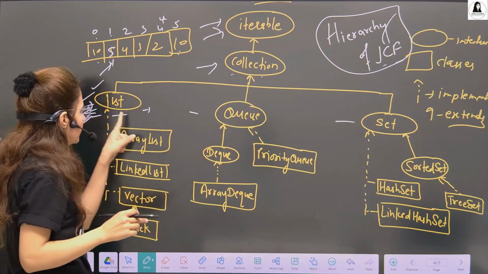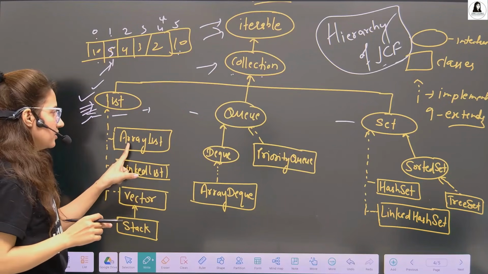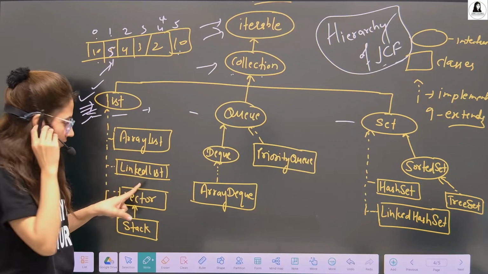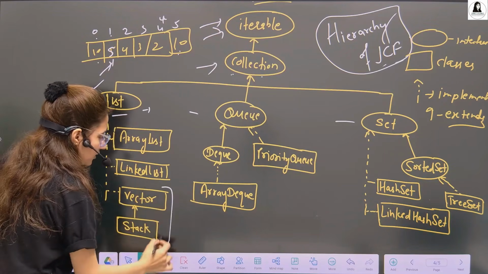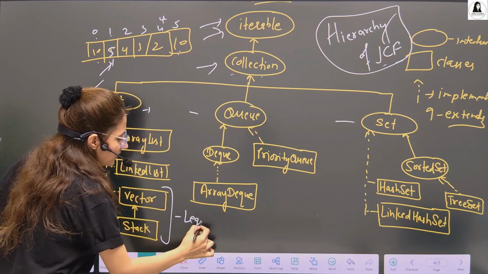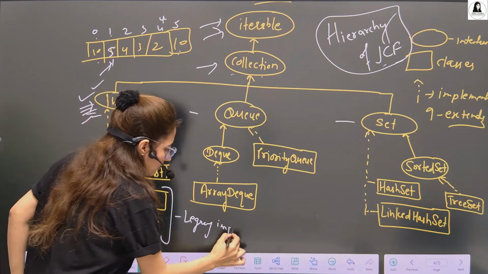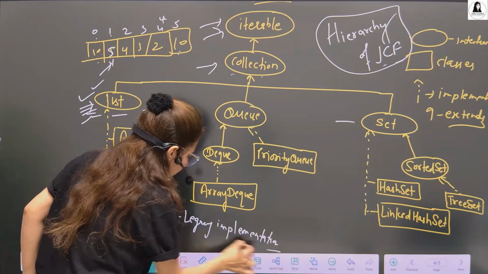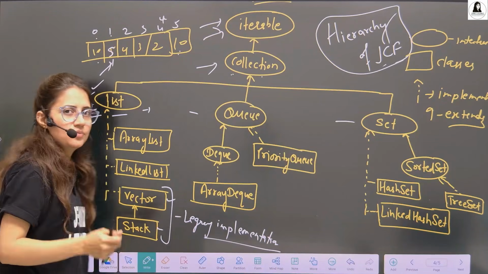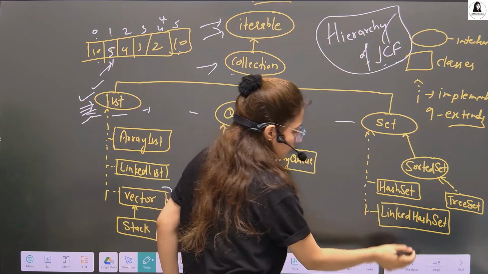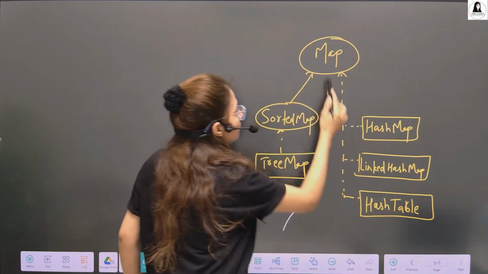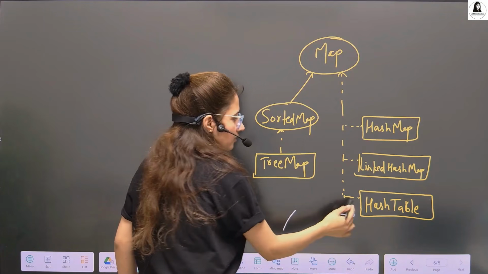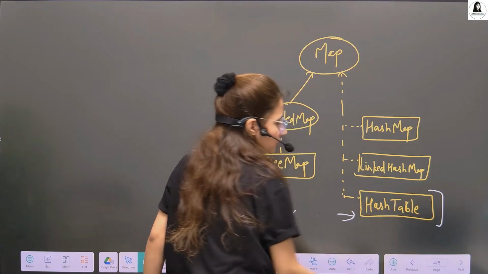Now this interface is implemented by these classes: ArrayList, LinkedList, Vector, and Stack. These are legacy implementations. Legacy implementation means Vector, Stack, and next we have Map also, this HashTable. These three are legacy implementations.